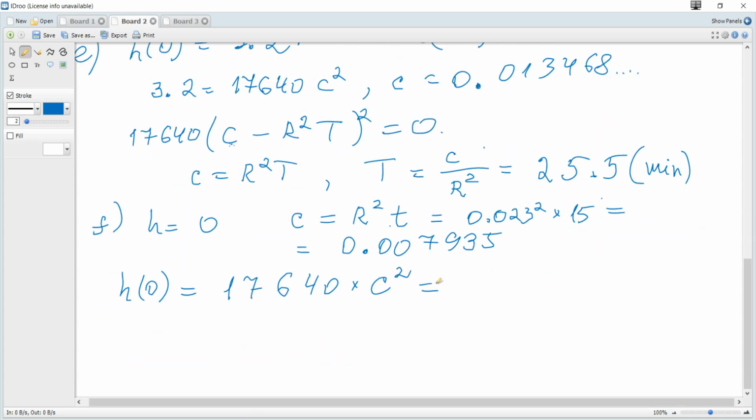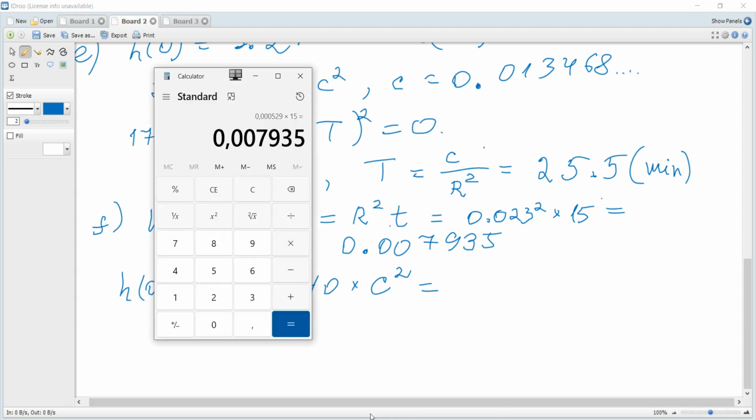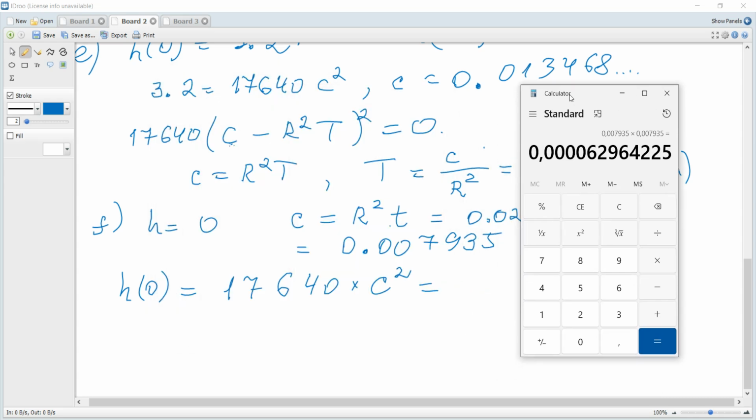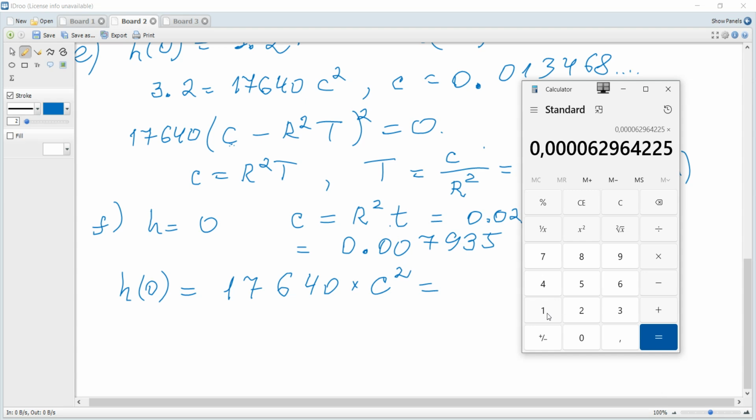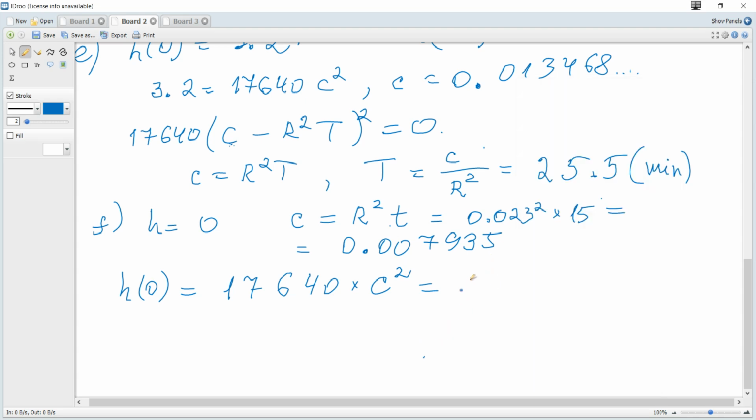And it becomes, it's our c, then squared, and multiplied by this, and we get 1.11 to 3 significant figures meters.